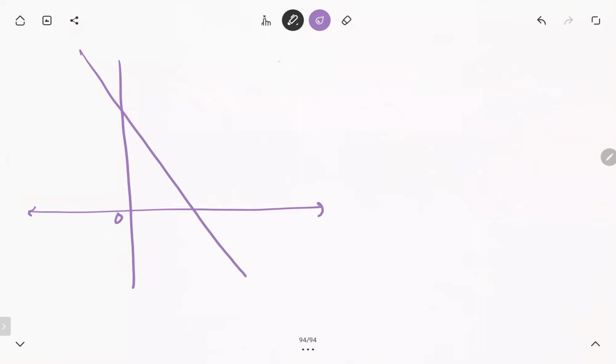The equation of the line is y is equal to 6 minus 2x. This point is 3, we know. This is 6.